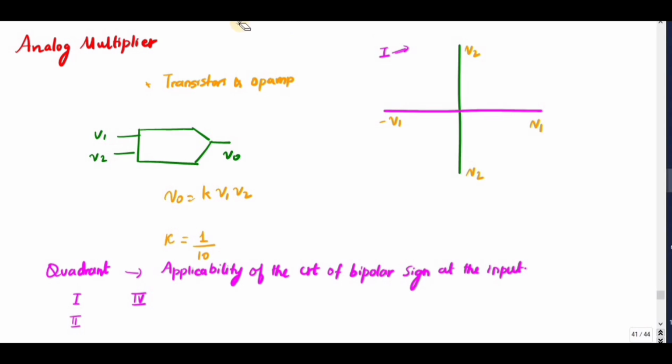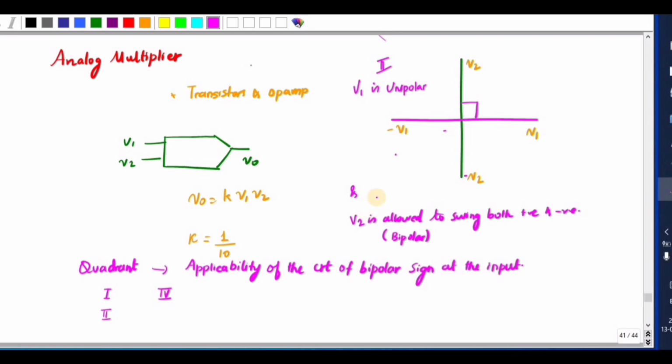Next, the second quadrant. Here, one input is unipolar and the other one is bipolar. What does unipolar mean? It is positive, and bipolar means it will swing both ways, that is, positive and negative. You can see here V1 is positive, that is, it is unipolar, and the V2 value is positive and negative, so it is bipolar.